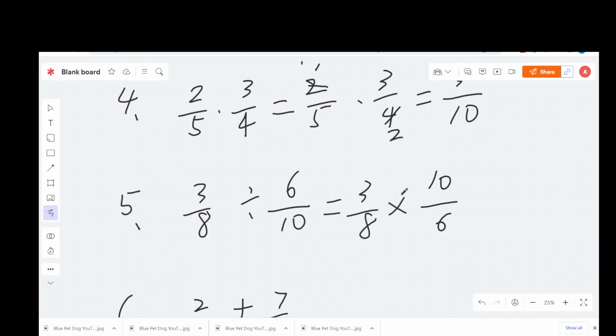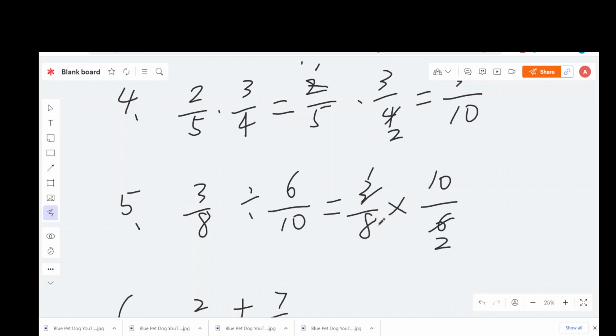But don't calculate. First we find some common factor. So here is 3, here is 6. Numerator and denominator, we can divide the same number at the same time. So this 3 divide 3 is 1, and 6 divide 3 is 2.